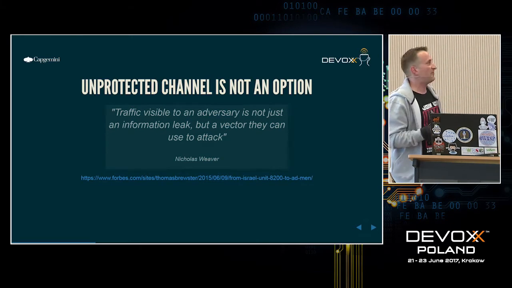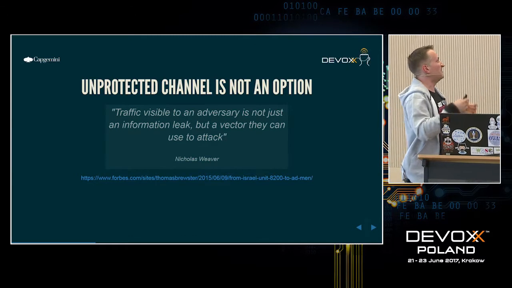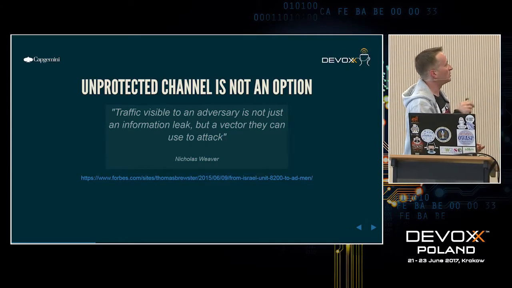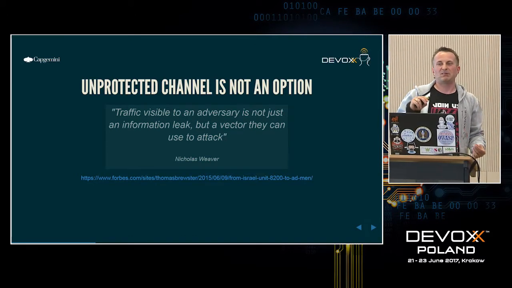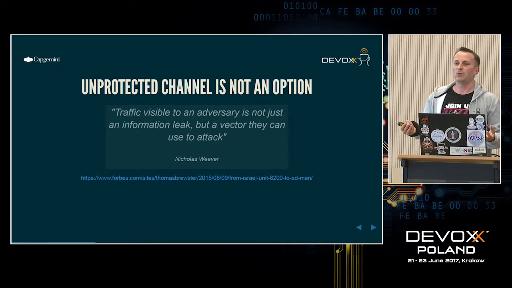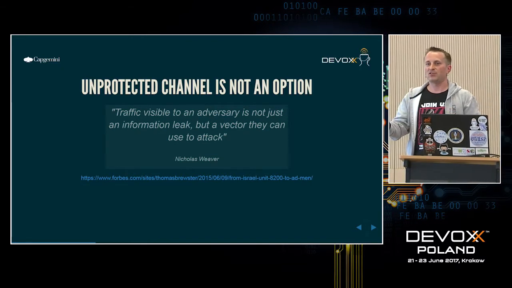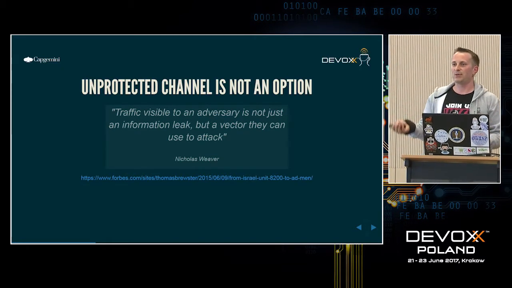Well, Nick Weaver said that traffic visible to an adversary is not just an information leak, but a vector they can use to attack. What he means is that every time you access the ONET page, which is not encrypted, it is not just an information leak that everyone knows what you're reading.